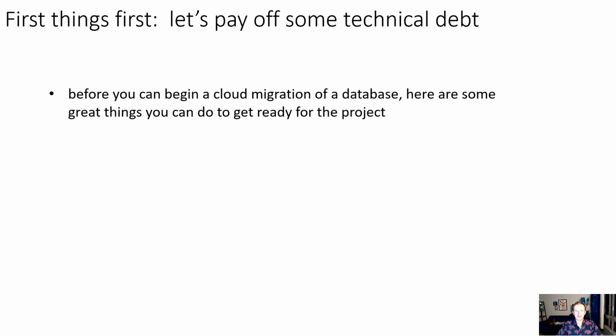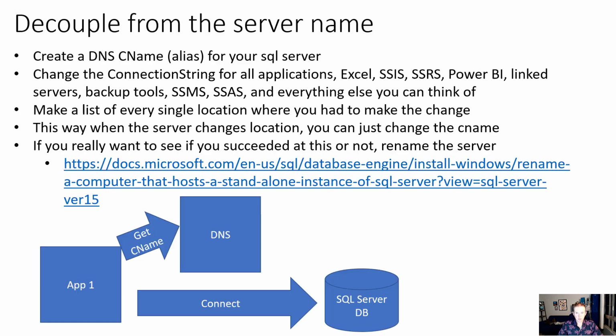So, like I said, first we need to pay off some technical debt. One thing that we can do is decouple all of our assets from the SQL Server name. So right now you've got this big monolith SQL Server, you've got this big database or a bunch of databases, maybe 20 databases, and App 1 connects using the server name, maybe App 2 connects, maybe Excel and SSRS, all these different things are connecting to the database using its actual name.